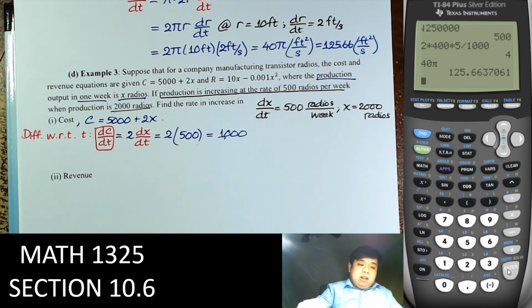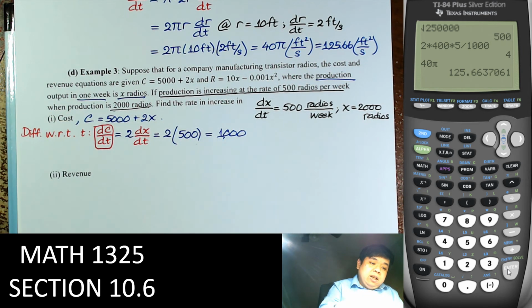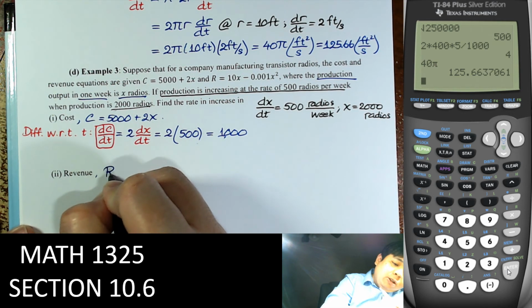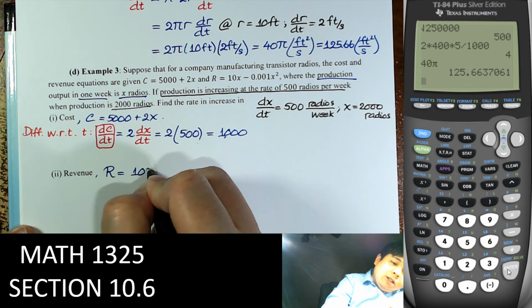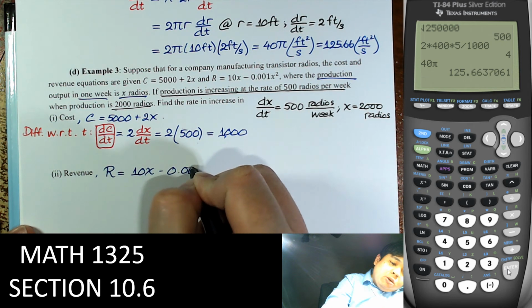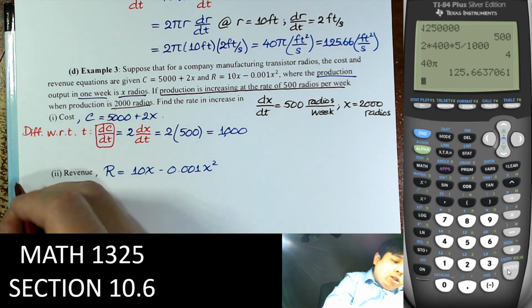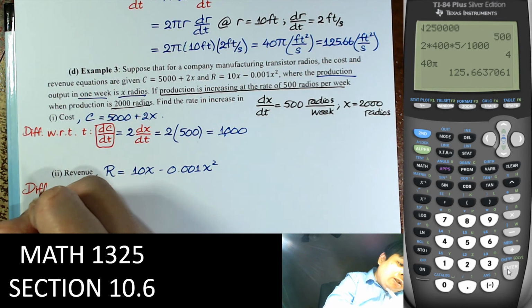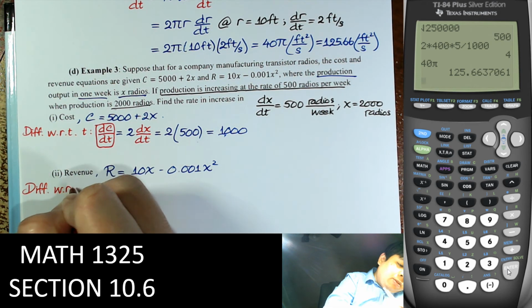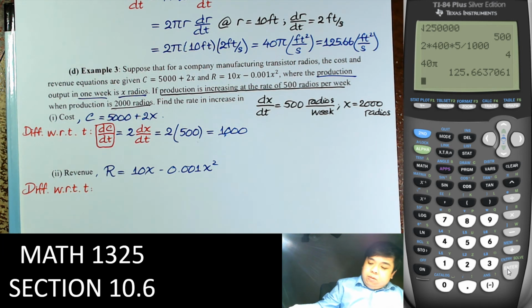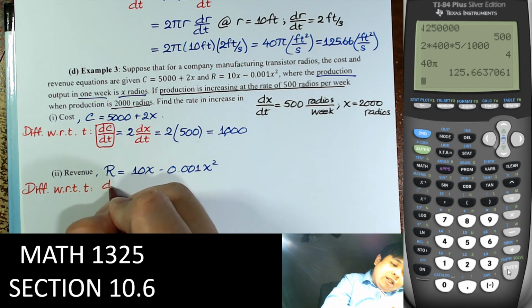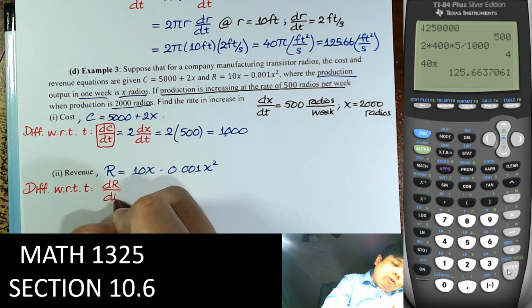Next, find the rate of increase of the revenue, right? The revenue is 10x minus 0.001x squared, and once again differentiate with respect to t. We have dr over dt, and that's what we're looking for.